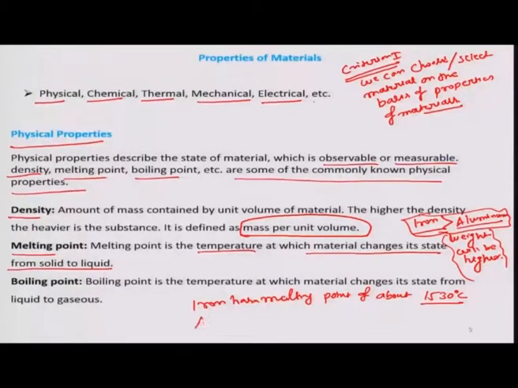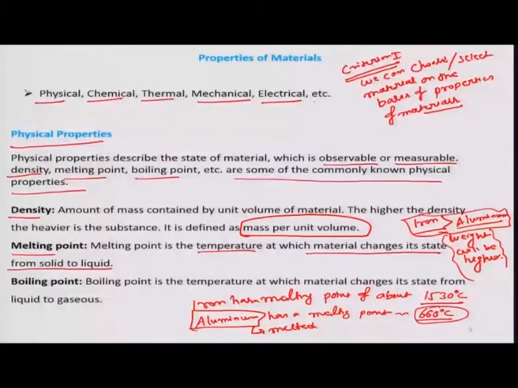While aluminum has a melting point around 660 degrees Celsius. So you can see that at 660 degrees Celsius, aluminum will get melted away, while at 660 degrees Celsius, iron will be present in solid form.